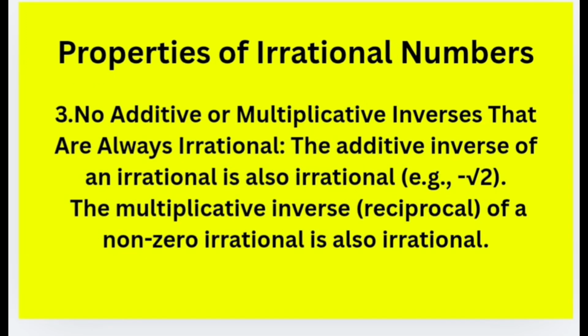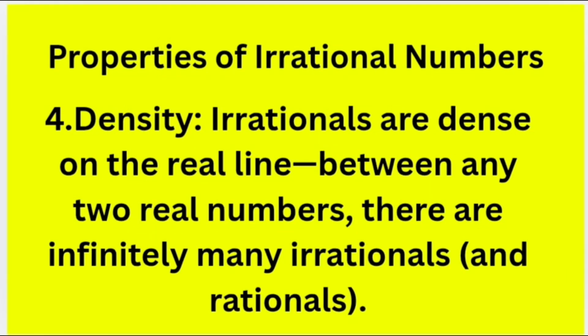The third property, additive and multiplicative inverses are always irrational. The additive inverse of an irrational is also irrational, for example, negative square root of 2. The multiplicative inverse, or reciprocal, of a non-zero irrational is also irrational. The fourth property, density.